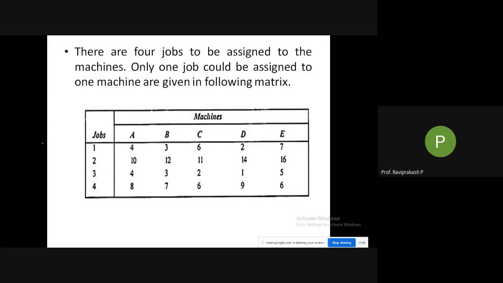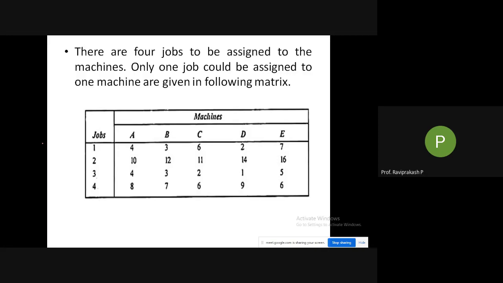The costs are given in the following matrix.